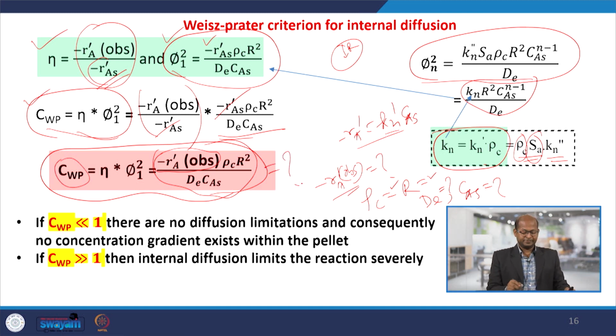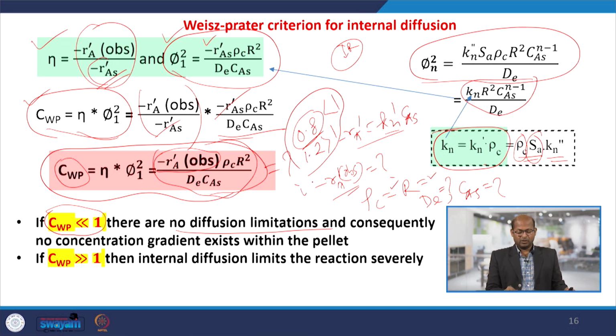If this numerical value is less than 1, it may come out as 0.8, let us say, or it may come out as 1.2, greater than 1. If it is less than 1, there is no diffusion limitation in the system. So you can estimate quickly.